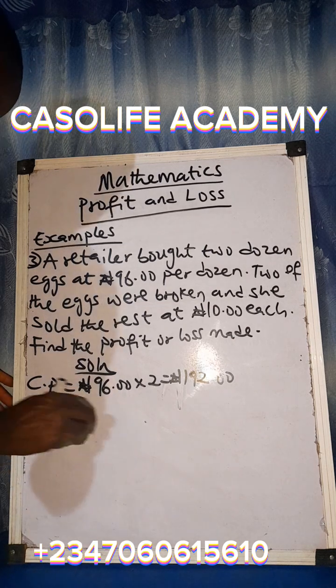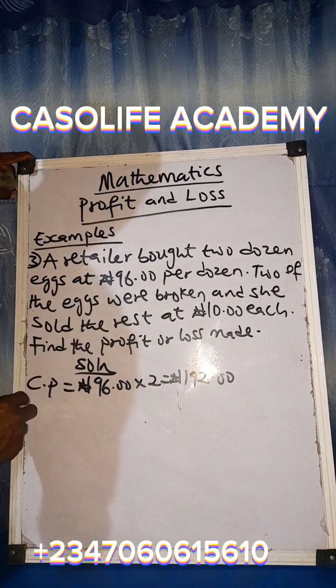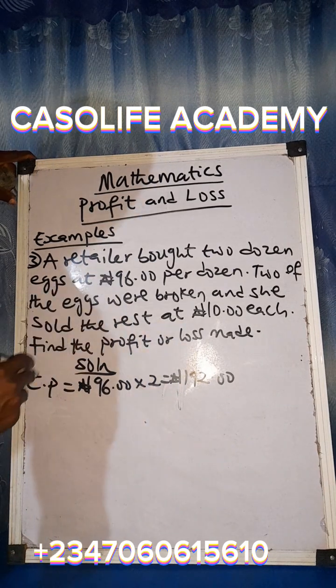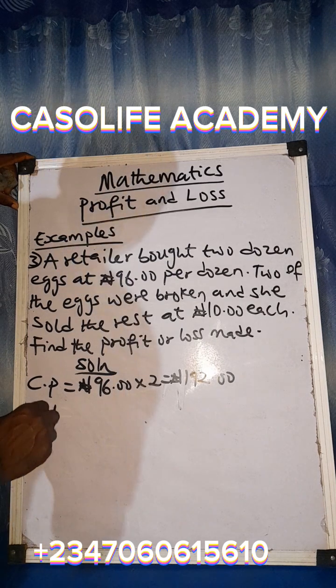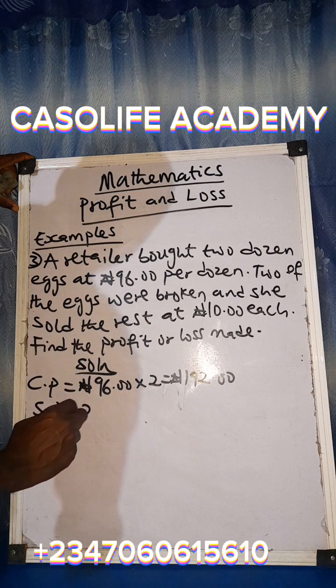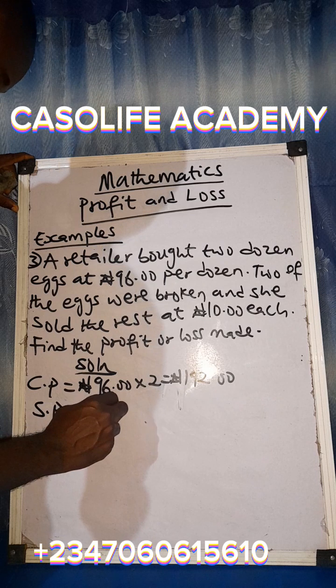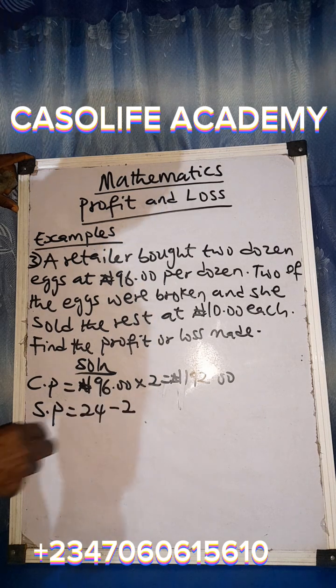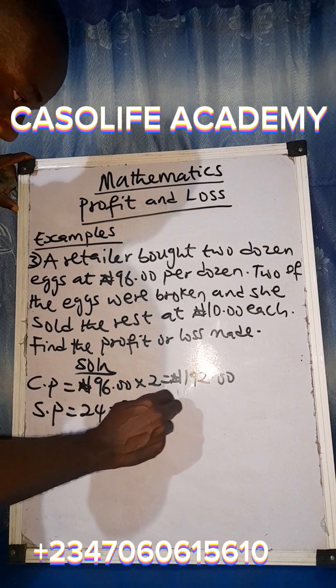So for the selling price, we have 24, which is the total number of eggs, minus 2 eggs that were broken. We are left with 22 eggs.